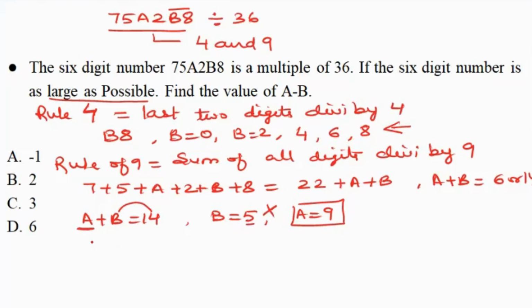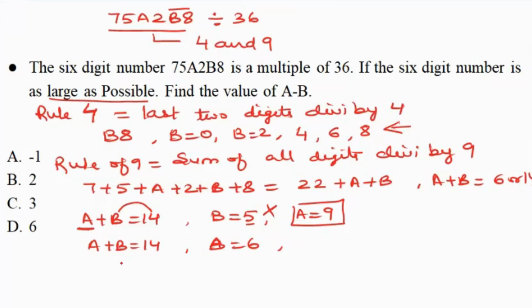Now, if we take the value of A plus B as 14 again, but this time we put the value of B as 6, according to the values we have already derived.